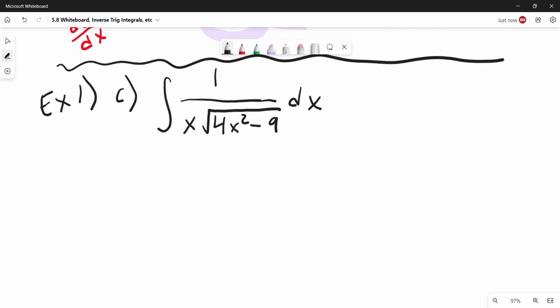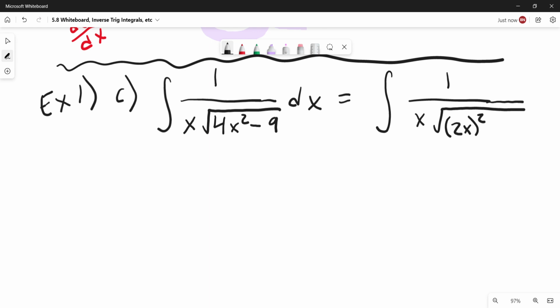Okay, so first of all, I'm going to rewrite this like this. I know that this 4x squared thing has got to be written as one single quantity squared. And what is that quantity? It's got to be 2x squared, right? And the 9, that's not going to fly.